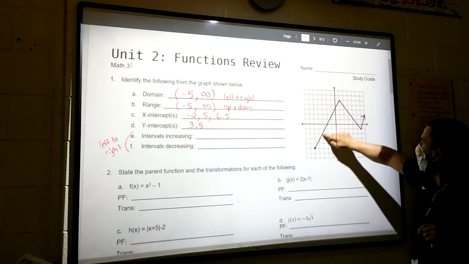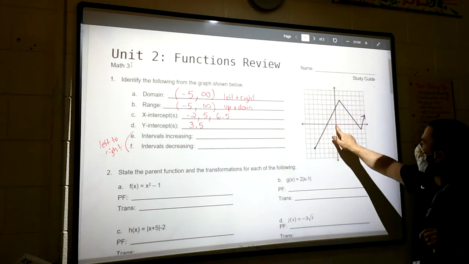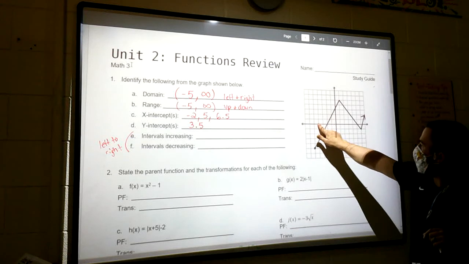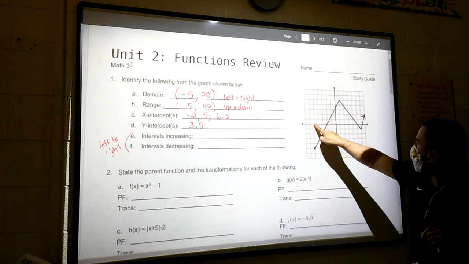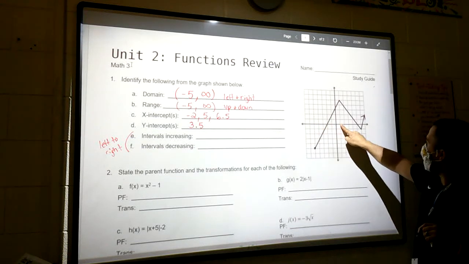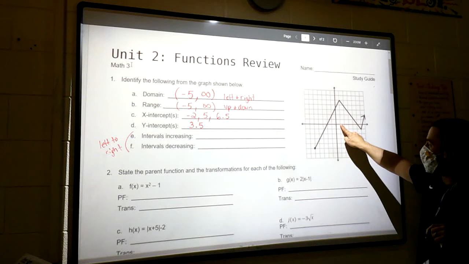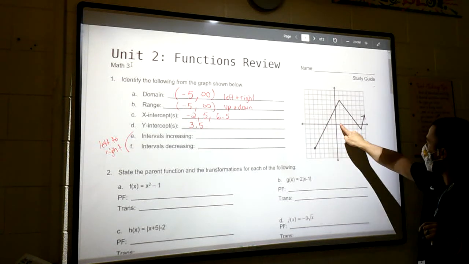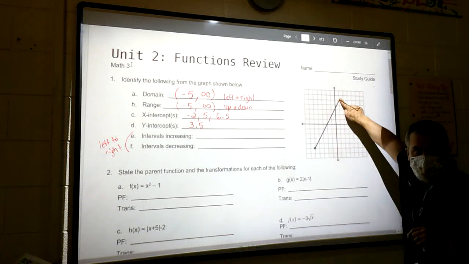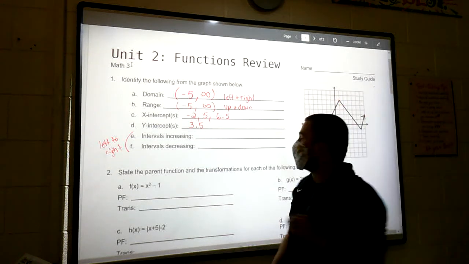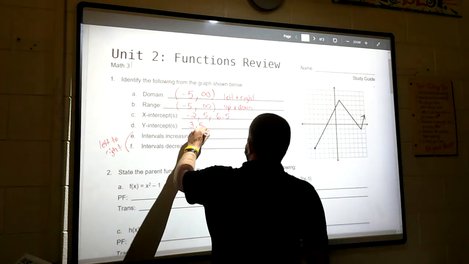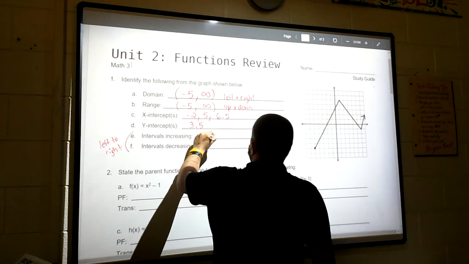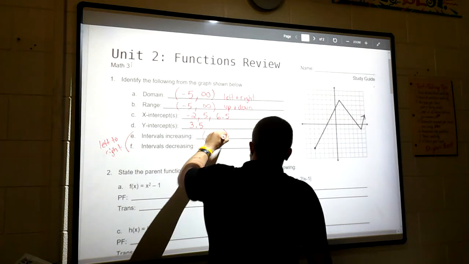This is -1, -2, -3, -4. This is from -5 all the way until you get to 1. So it is increasing from -5 to 1.